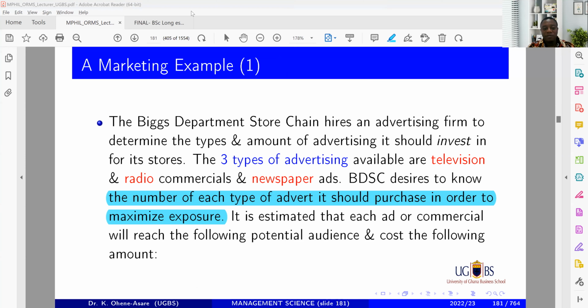Look at it carefully. What do they want to do? They want to maximize exposure, and because they want to maximize exposure, they need to know something.